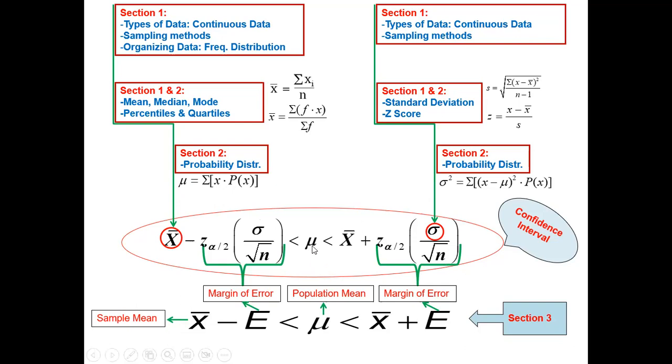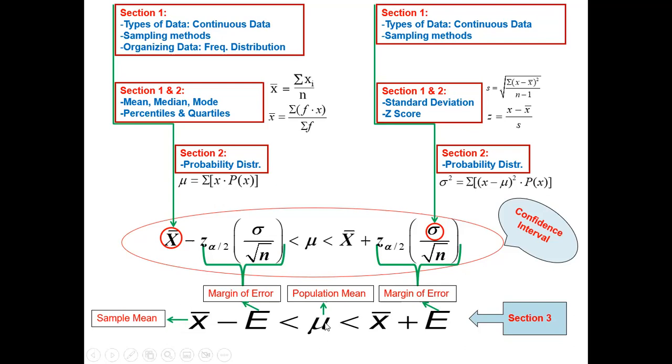Of course, what is in the middle here is the population mean. What you're trying to find out with a confidence interval is by what margin of error the sample mean that you got is away from the true population mean. Because you're trying to estimate the population mean, that is your goal.